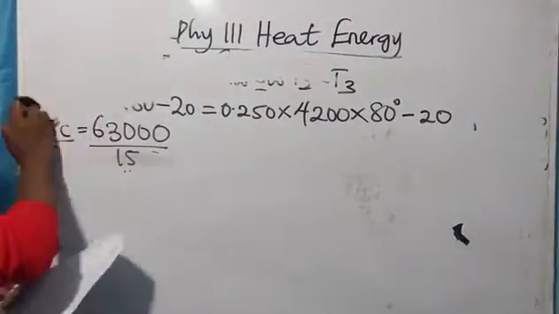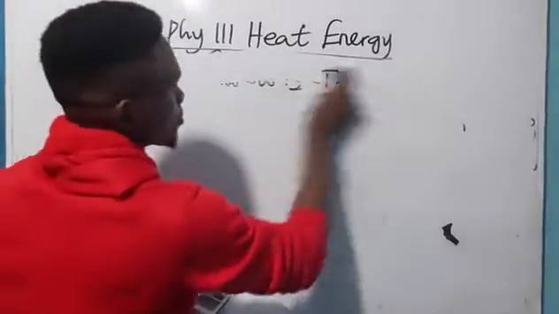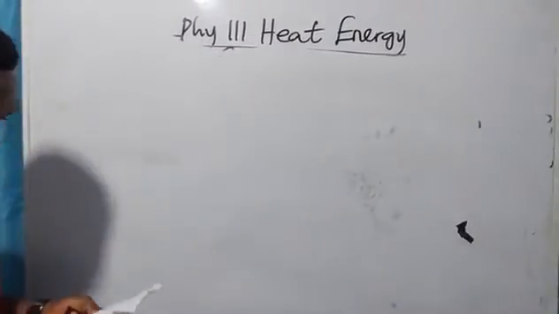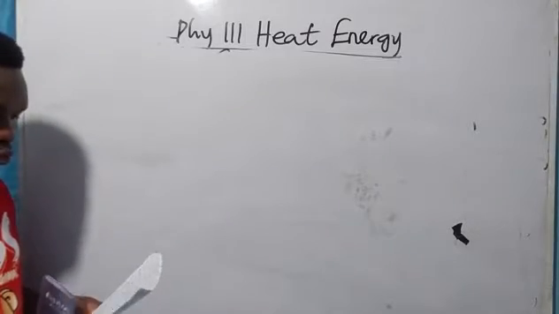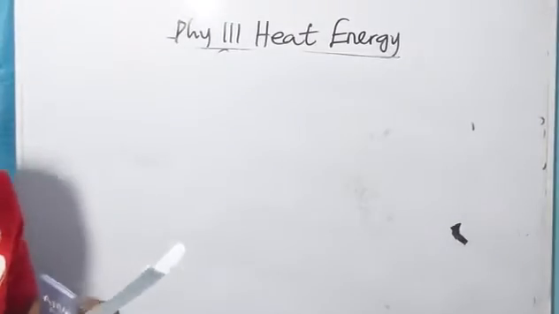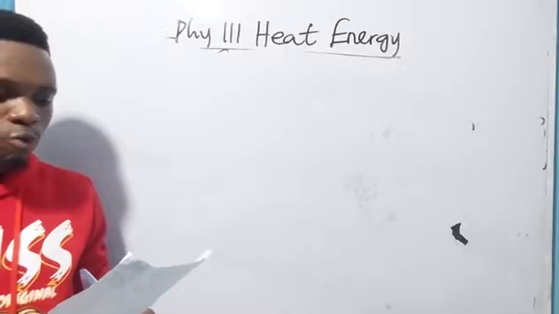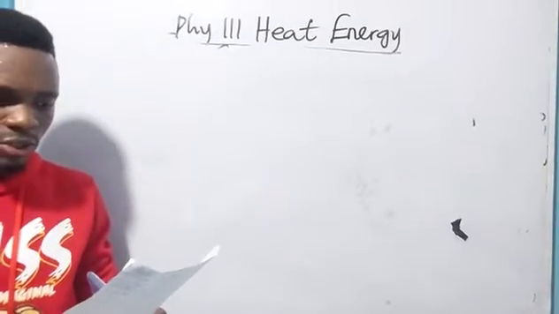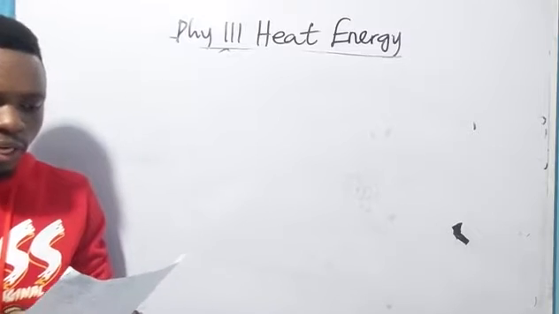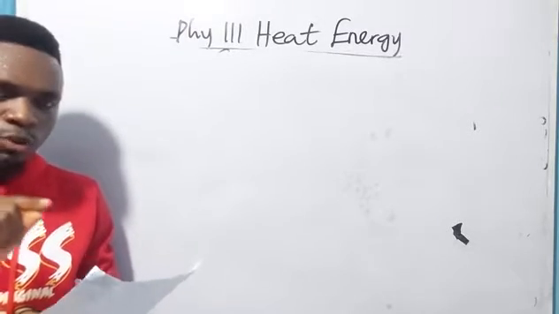So the next question, they said a 60 gram of water at 90 degrees Celsius is poured into a calorimeter containing 20 gram of water.